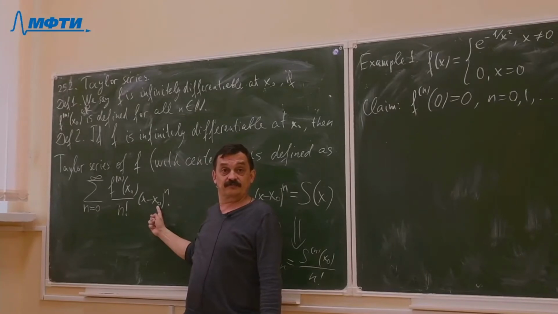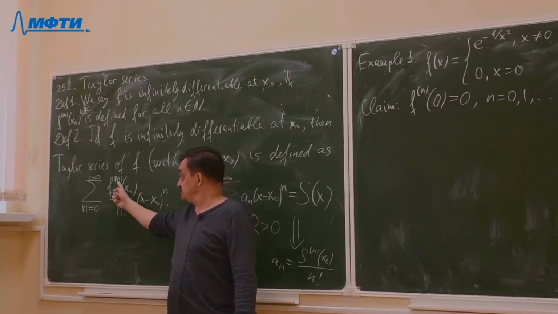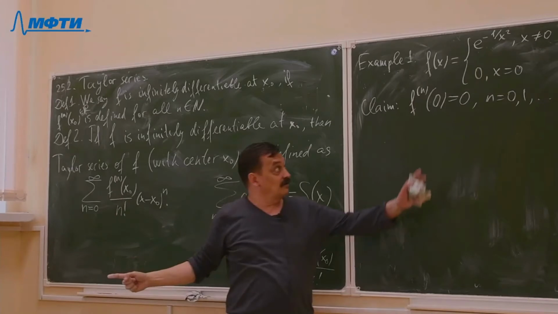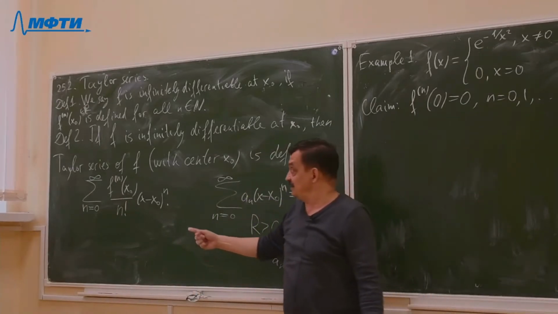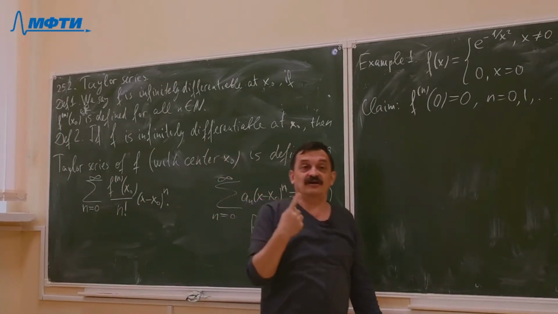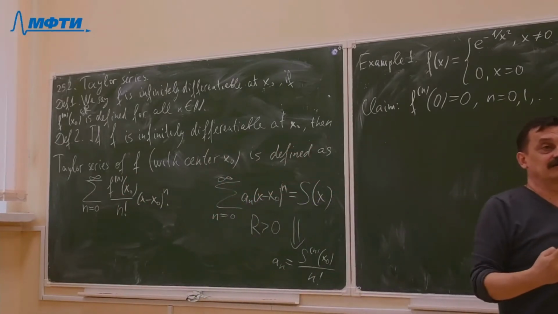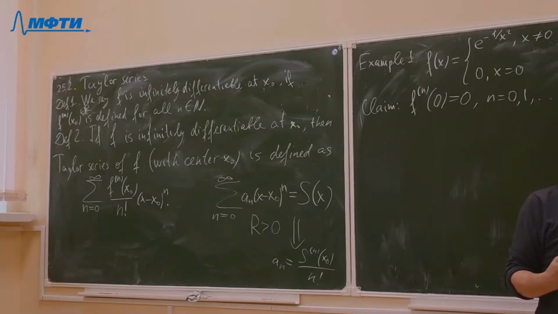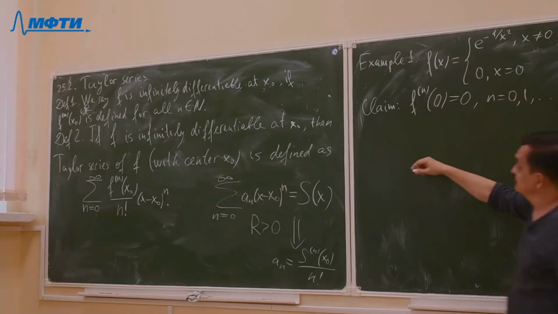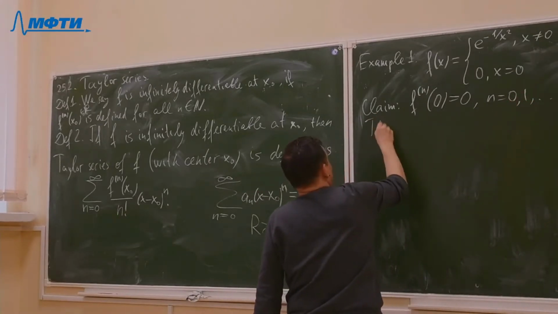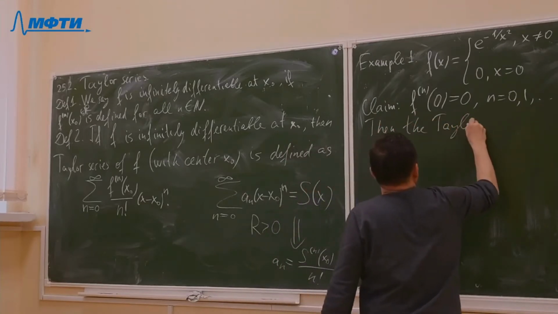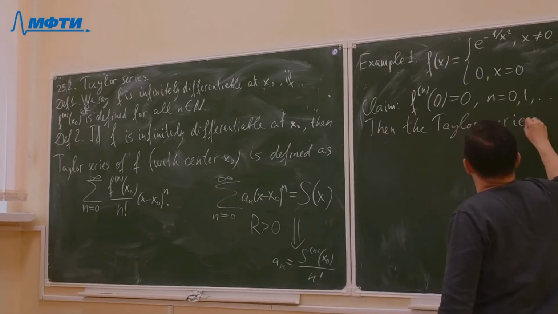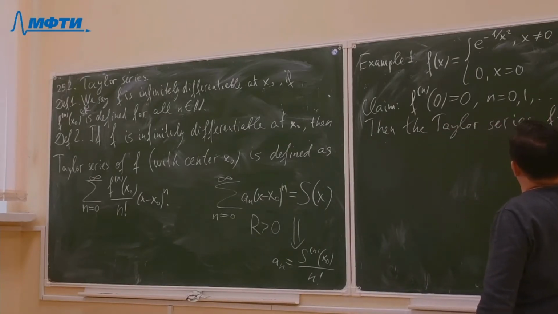All derivatives at 0 are zeros, so the Taylor series for that function is identically 0. The Taylor series for f of x is identically 0.